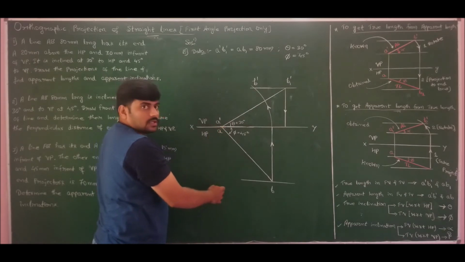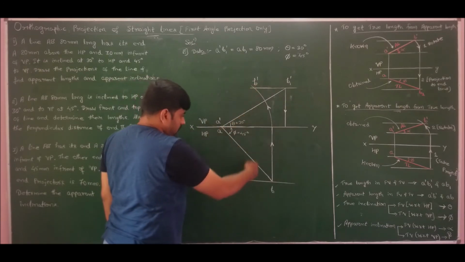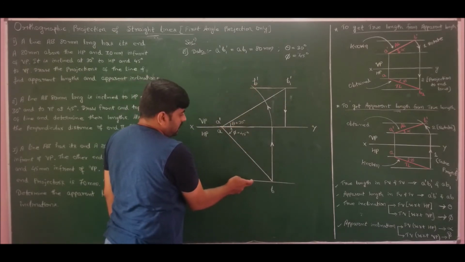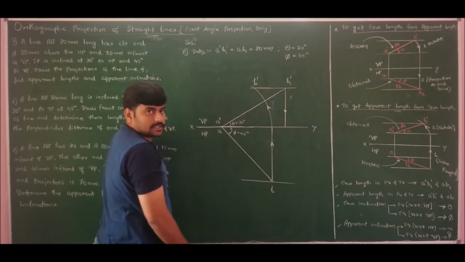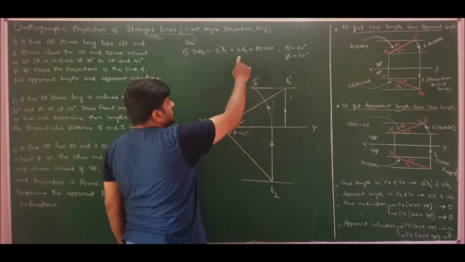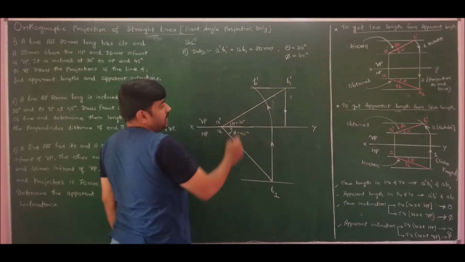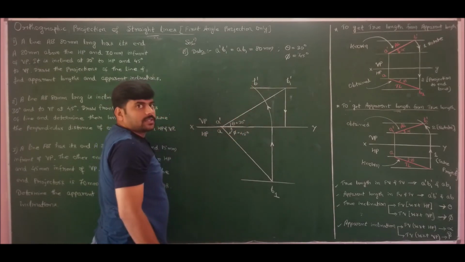We know the one end of the projector, the other end should come and lie here. Just draw the vertical line. The point where it intersects the locus B itself is the point B for us. Sorry, this is B1. True length is A dash B1 dash and A B1. So I can use the concept of end projector also.